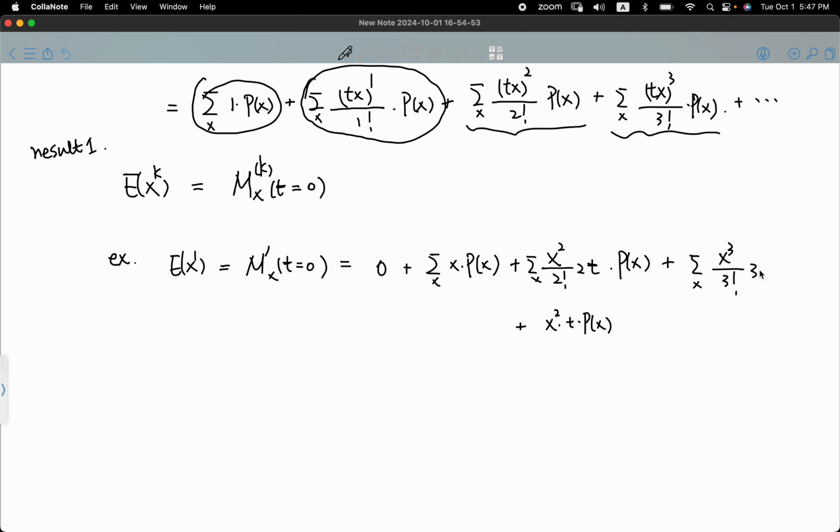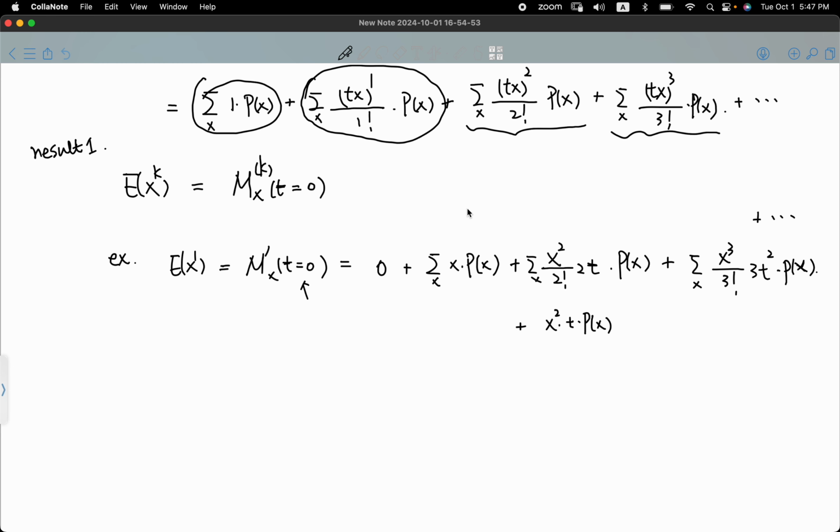So you will have 3t raised to the power of 2 multiplied by px. Okay, and then also don't forget there are infinite terms here, so you need to plus dot dot dot. But here, I'm making the claim that when you set t equal to 0, this should give you the first moment.